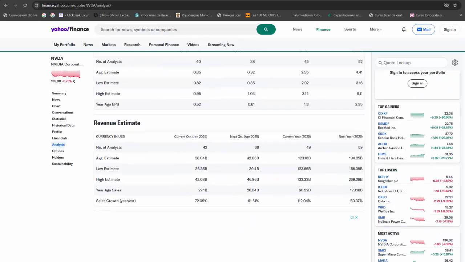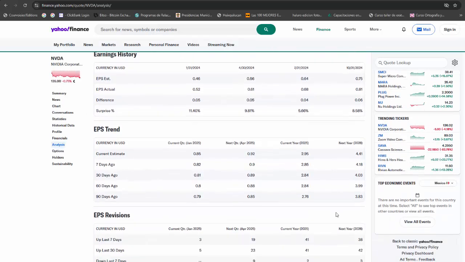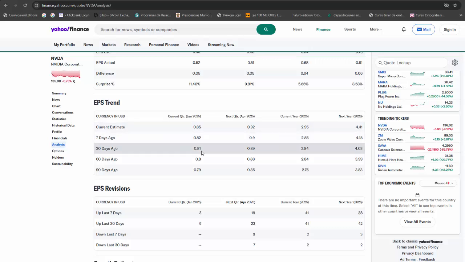So in the case of Nvidia, if we go to earnings per share, the EPS trend, what you will see is that the expectations for next year are around 4.41, and in comparison this year it was 2.95. So we're seeing an increase in the expectations for next year. So this is amazing growth once again.